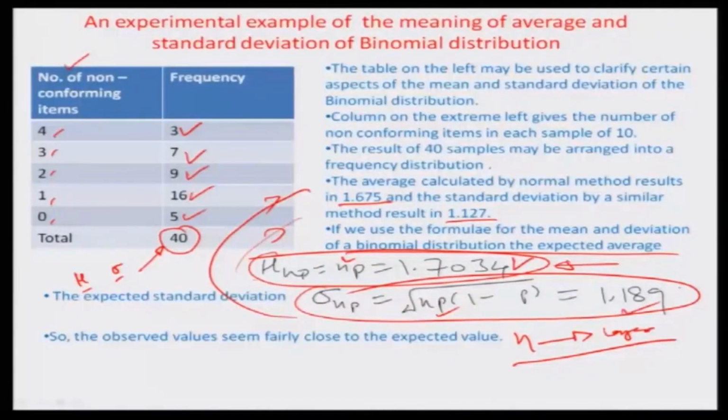So if the sample size is very large, there would be a general convergence of the mean and standard deviation of a binomial distribution to the actual average and actual standard deviation of the distribution. Although in this particular case the values seem to be very close, so 40 is really a good sample size. Every time you are drawing 4 pieces, and there are 40 such trials, so basically you have drawn 160 items from a lot.